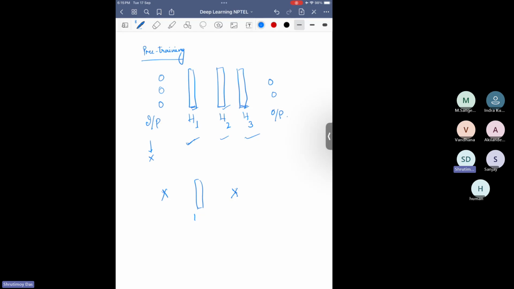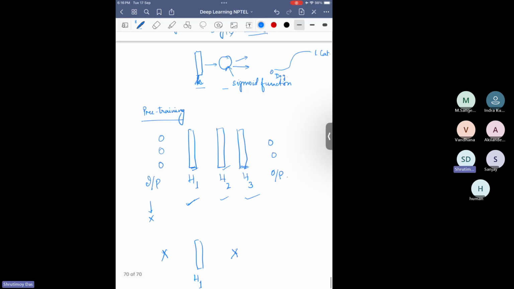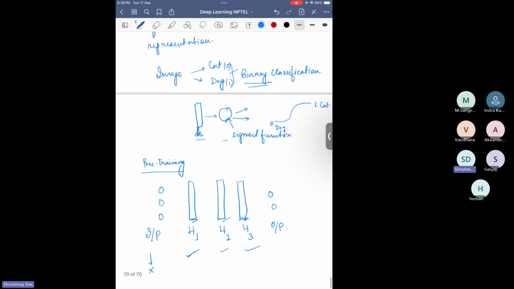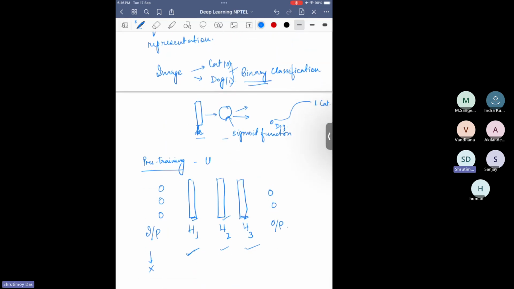Let us say this is H1, right? So first of all, you are just learning the representation in the first layer by using the input as both the input as well as the output. So again, one more thing. This was said to be an unsupervised pre-training.